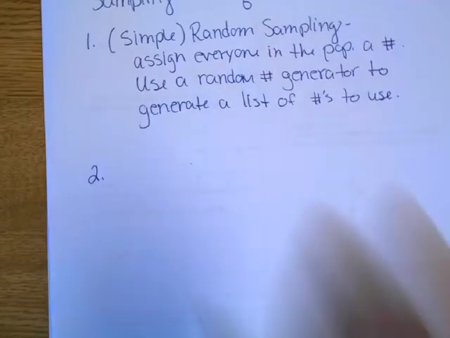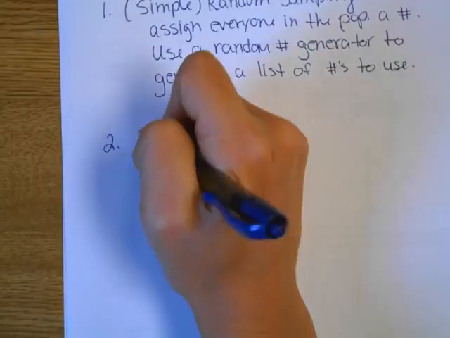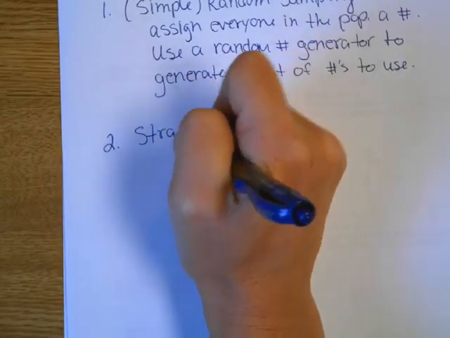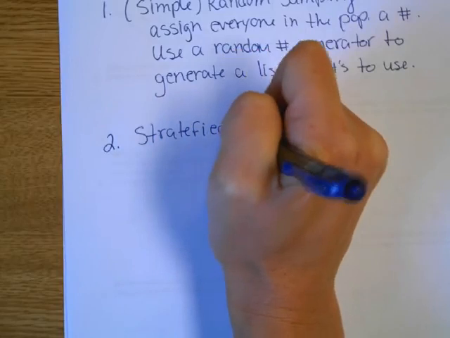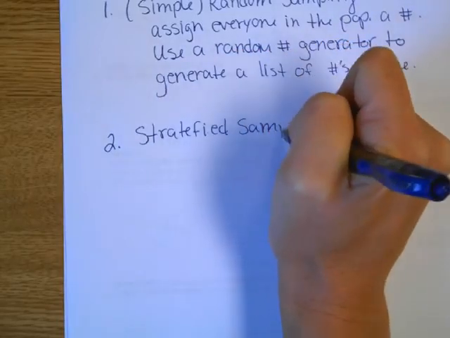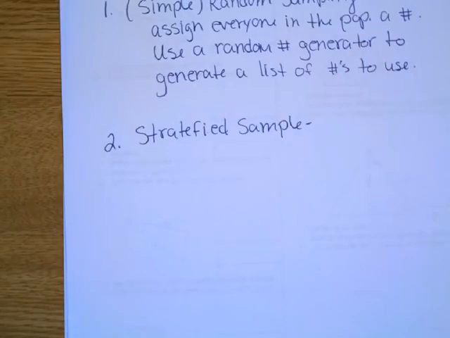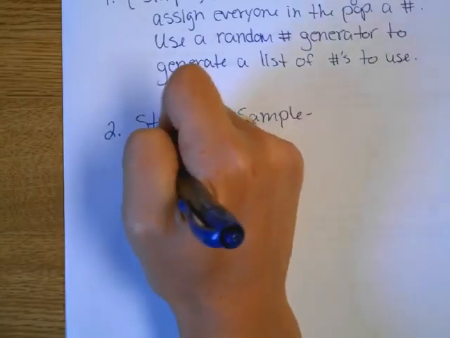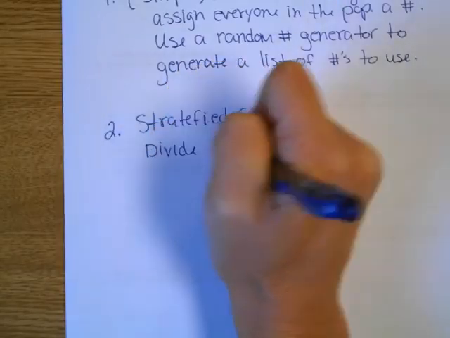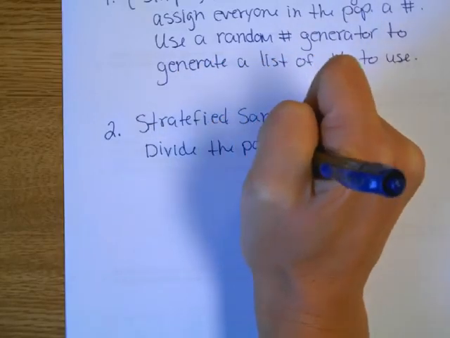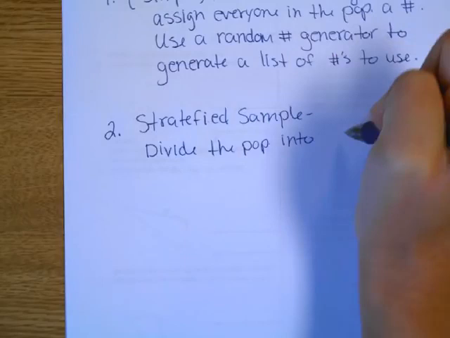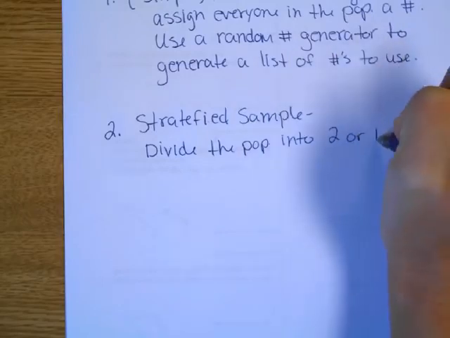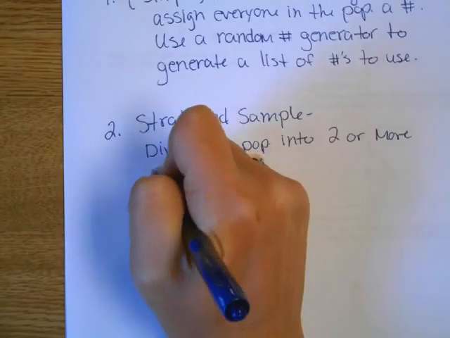Number 2 is a stratified sample. What you do here is you take your population and divide it into 2 or more subgroups.